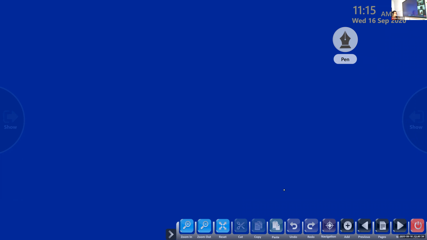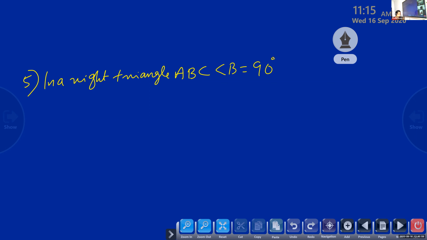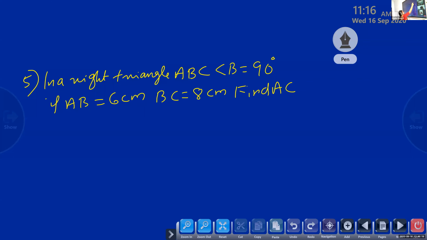In a right triangle ABC, angle B is 90 degrees, and AB equals 6 centimeters, BC equals 8 centimeters. Find AC.